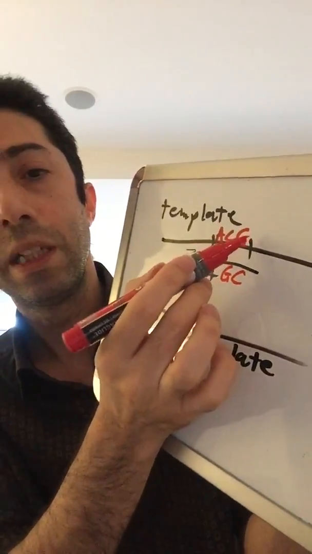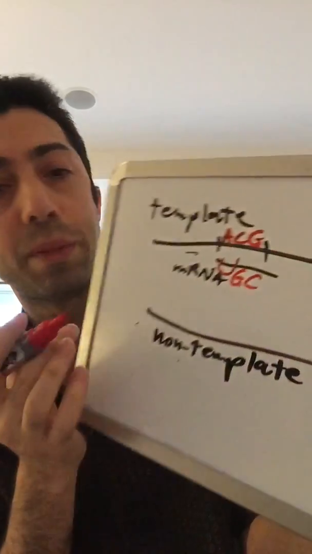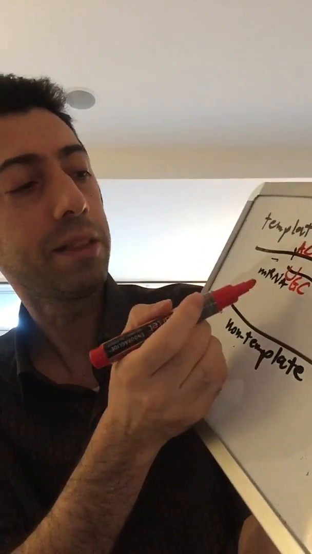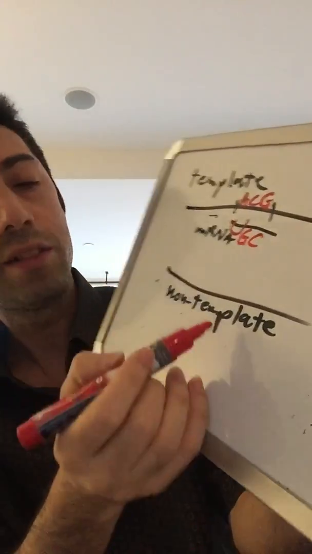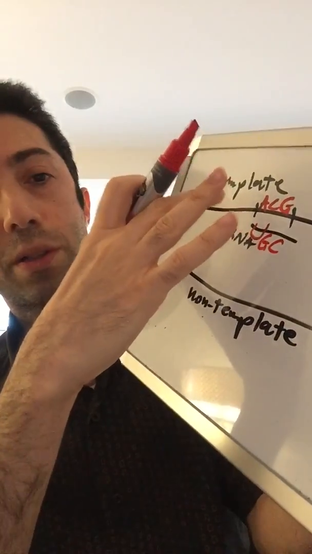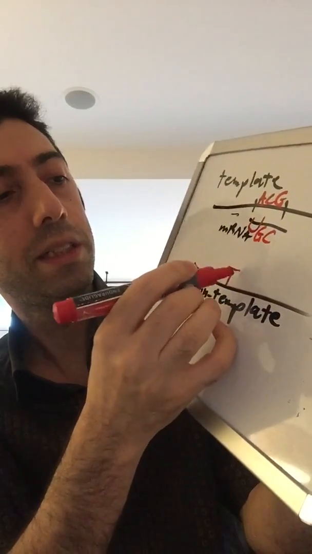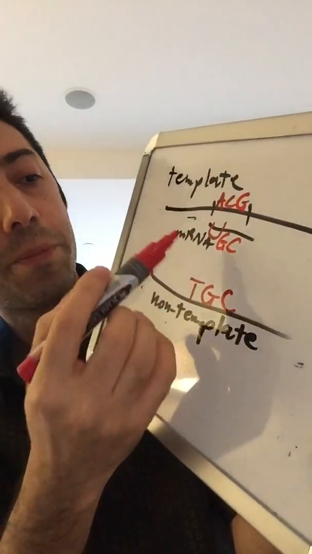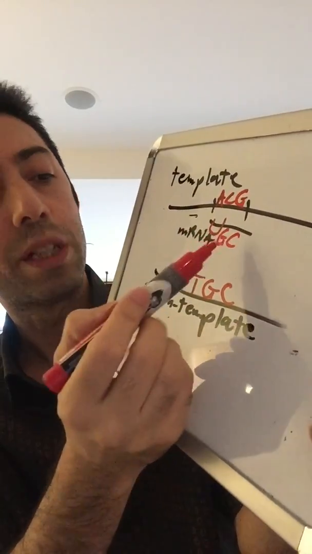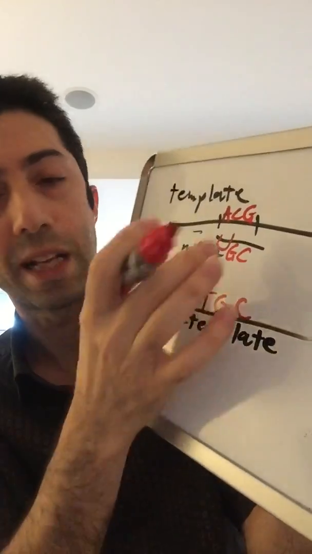A will be matched to T, but we do not have T in RNA, so we make U: UGC, correct? Remember the non-template is complementary to the original template strand. It's going to be again TGC.